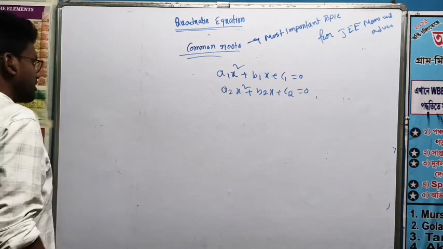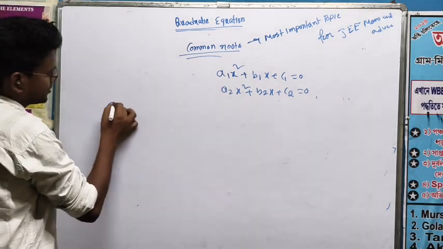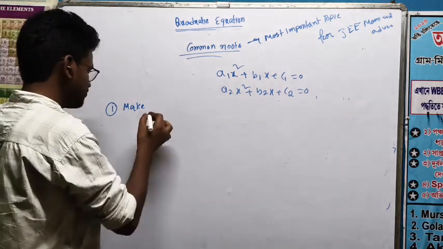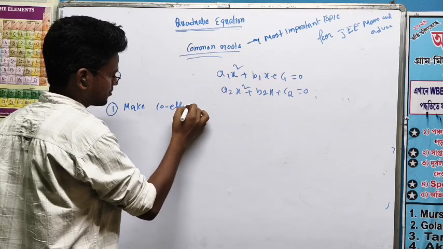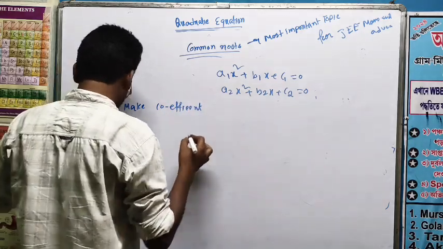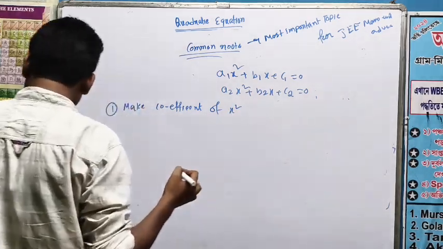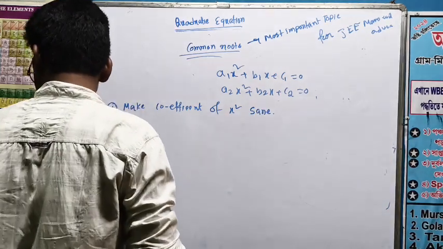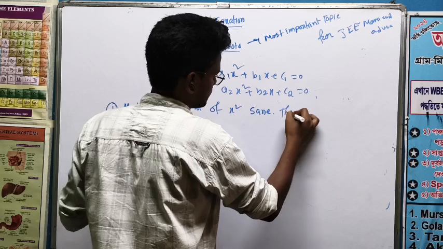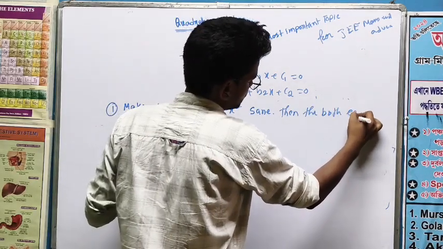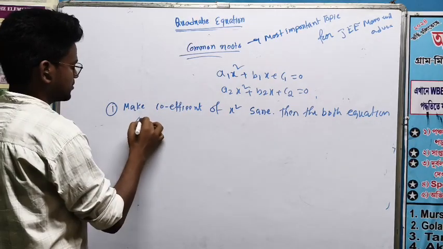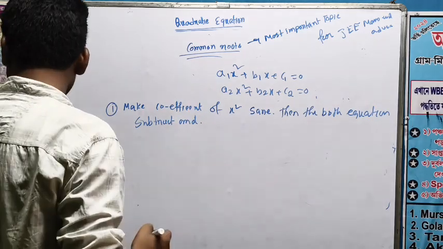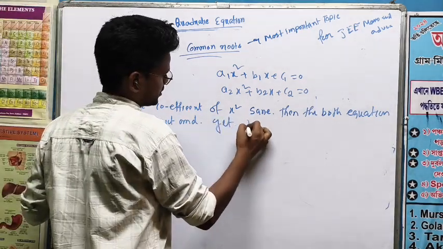At first, you should make the coefficient of x square the same in both equations, then subtract the equations and get x equal to alpha.